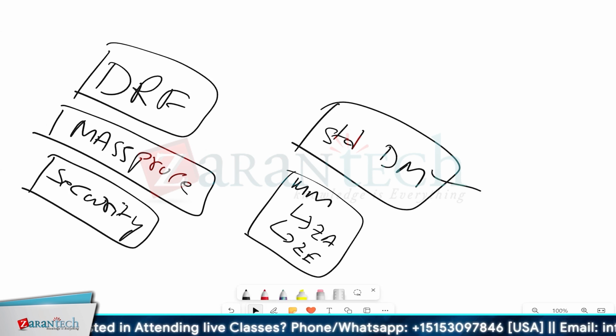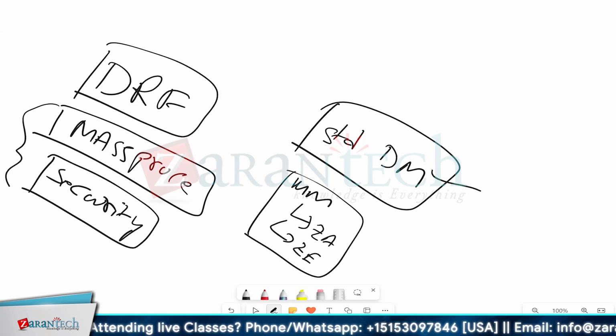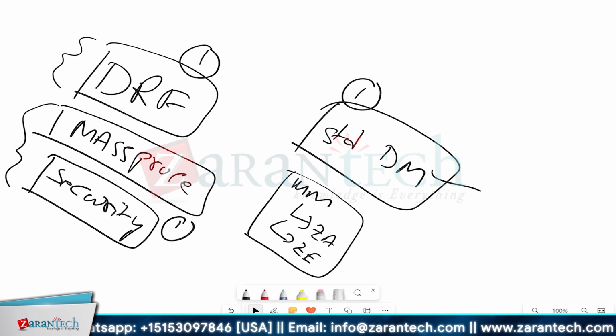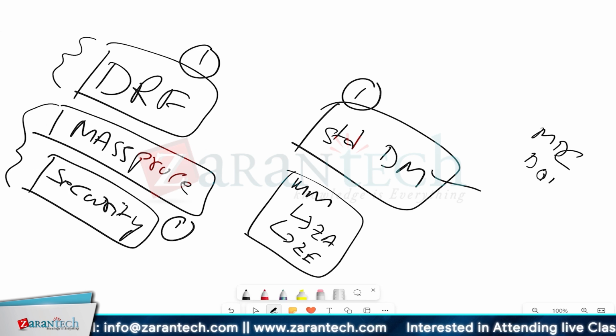Mass processing and security are small topics only, and DRF also takes only one session for us. The enhancement will take one session, and mass processing, security and all these things will take one session. With that, we'll be completing mostly everything in MDG. Then two more topics that we have: consolidation and DQM, data quality management.